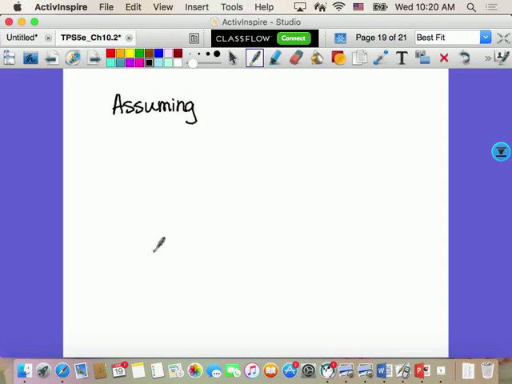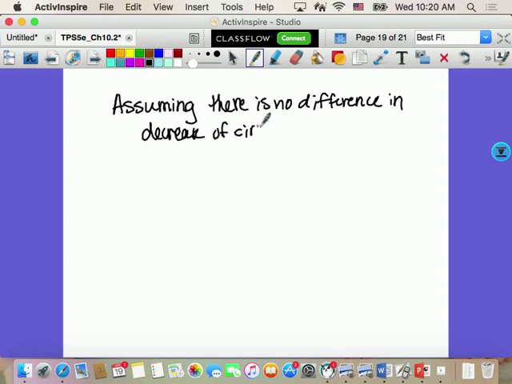The H0 is true. Assuming the null is true. And what is the H0? Assuming there is no difference in decrease of circumference for helium and air-filled balloons.